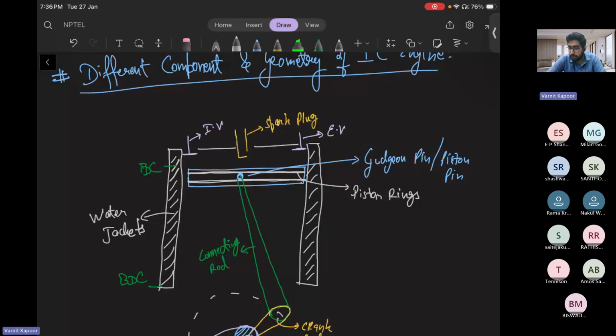Because of this, piston rings are made brittle and they get damaged. If they are ductile in nature, you don't know that something is happening.